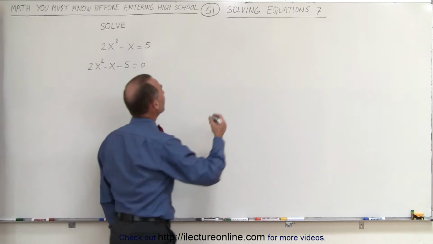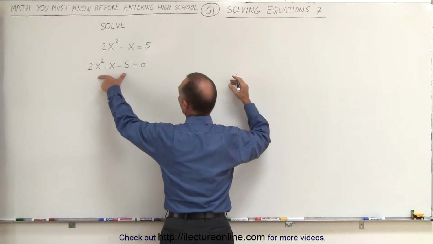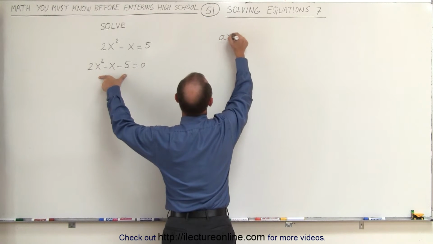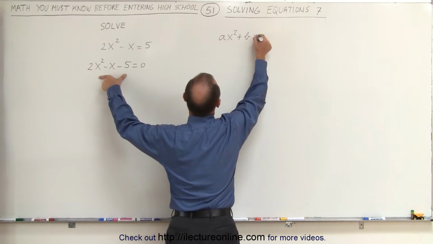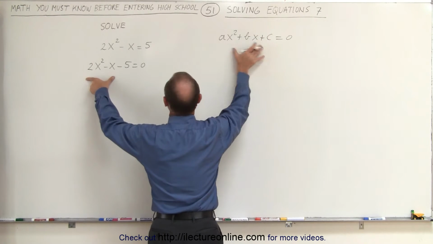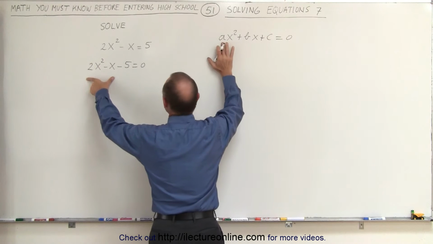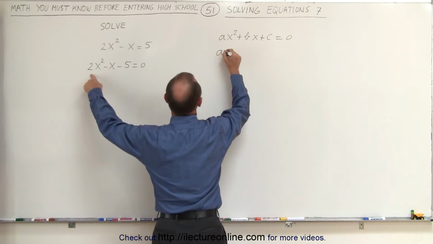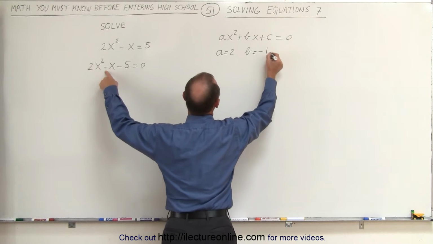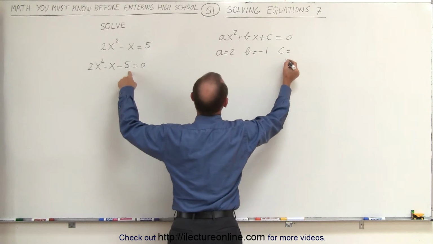The quadratic formula can be used when you realize that any quadratic equation like this can be written in the general form as ax squared plus bx plus c equals 0, which means that if we apply this to our equation here, a in this case is equal to 2, b is equal to negative 1, and c is equal to negative 5.